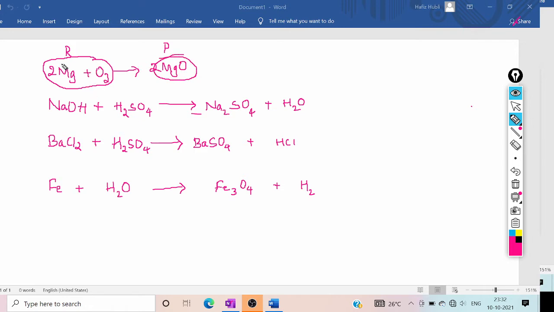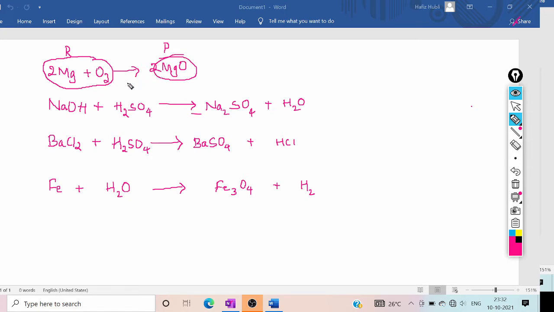Reactants are nothing but the substances that take part in a chemical reaction and are written on the left hand side of the equation, whereas products are the new substances that are formed in a chemical reaction and are written on the right hand side of the equation.